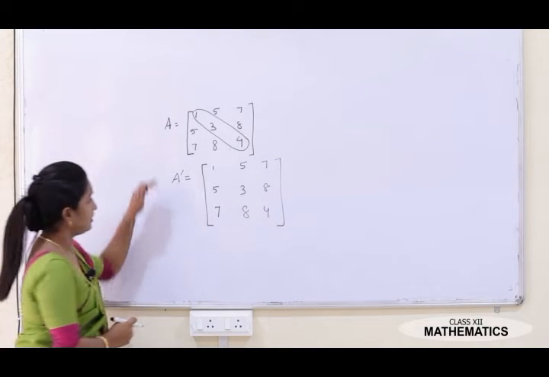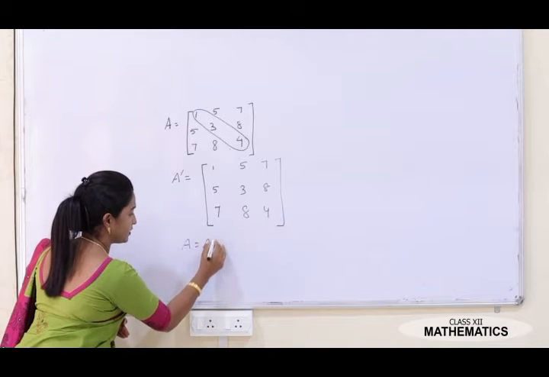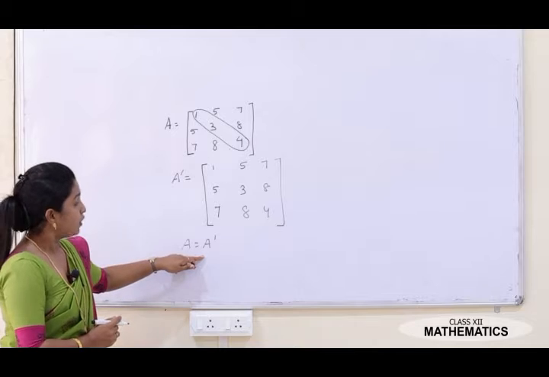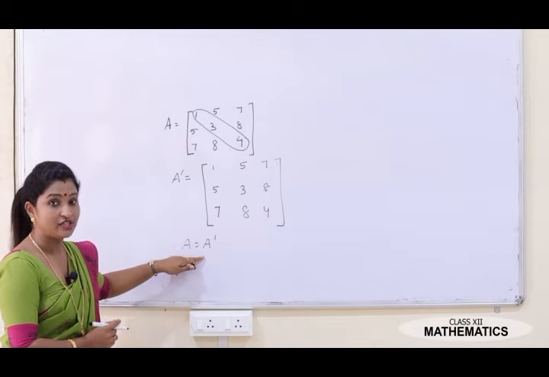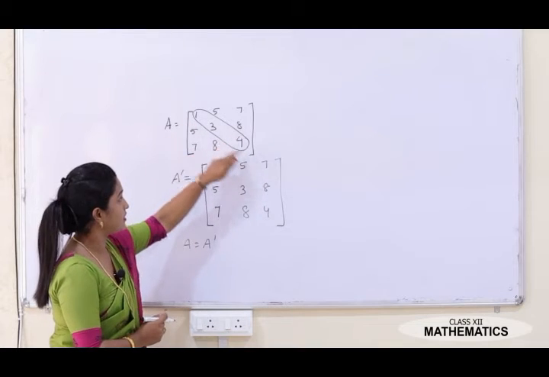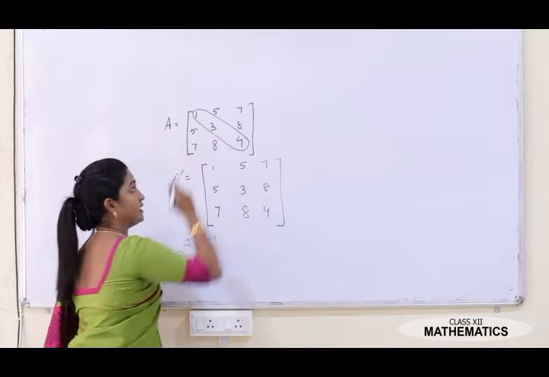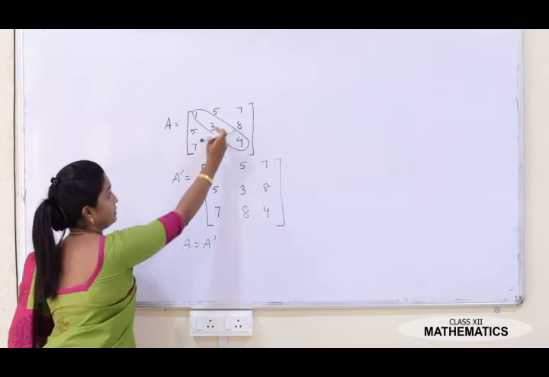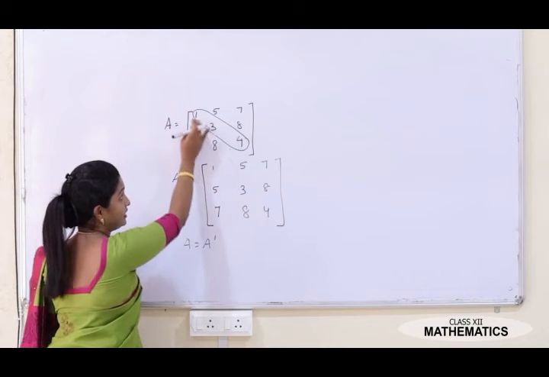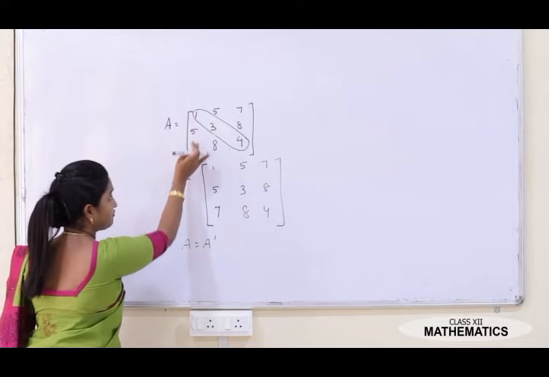Now see here, A and A transpose both are equal. So how is it possible? See here, the diagonal elements are 1, 3, 4, the elements above the diagonal are 5, 7, 8, and the elements below the diagonal are 5, 7, 8. Look carefully: above the diagonal elements we have 5, 7, 8, and below also 5, 7, 8.